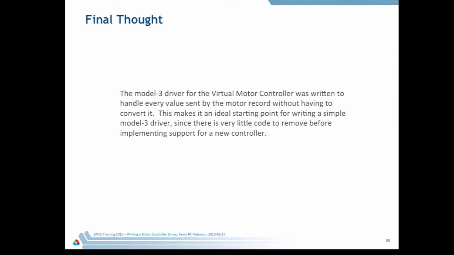I think that the virtual motor controller, because it is so simple, because it was designed to accept everything that the motor record and device support handed by default, it makes a better starting point than some of the actual controllers that we generally refer you to, because the commands are simple, they're well documented.